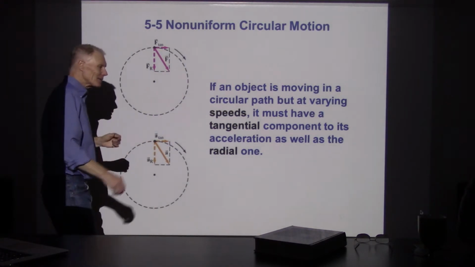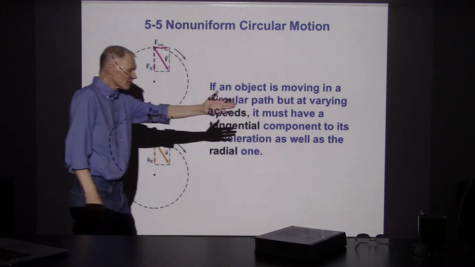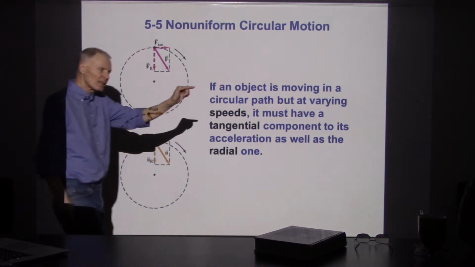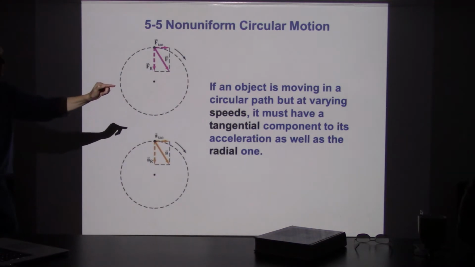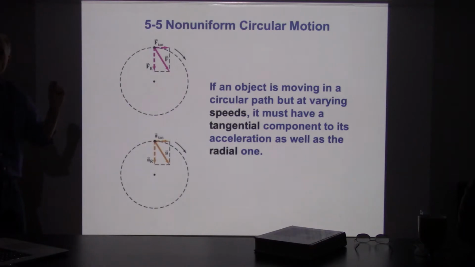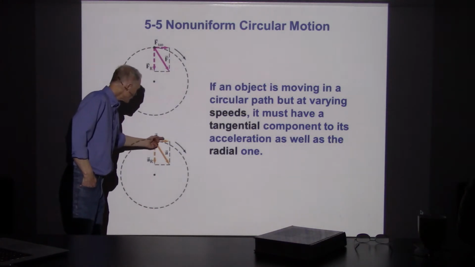Well, in that case, if I'm going off in some direction and I'm picking up speed, there must be an acceleration taking place not just to the side, but in the forward direction. And in order to have an acceleration, I've got to have a force. So picking up speed along the circle means that there is an acceleration in this direction.